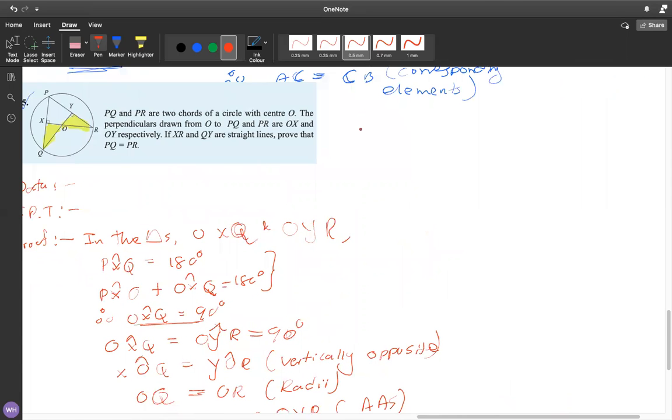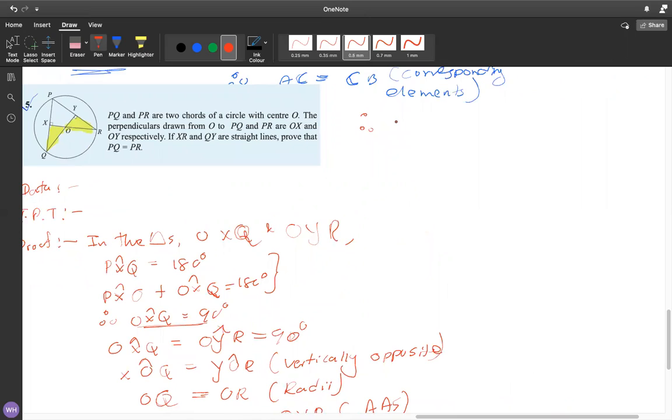So you can say, I'll start from here. Therefore, XQ will be equal to YR. The particular reason is corresponding elements. Right?